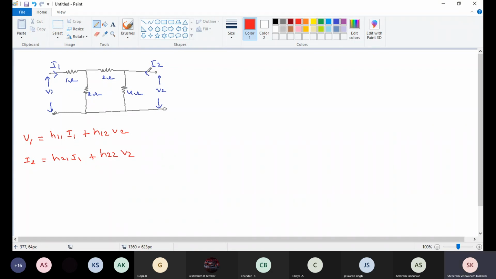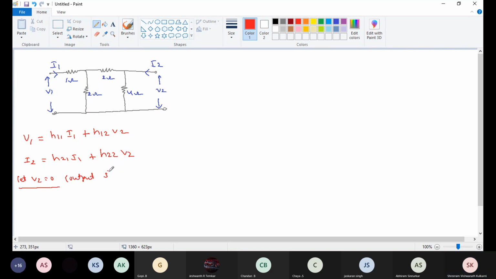What I'm going to do? I'm going to short circuit this, V2 equal to 0. Okay, now first case, let V2 equal to 0, that is output port is short circuited.